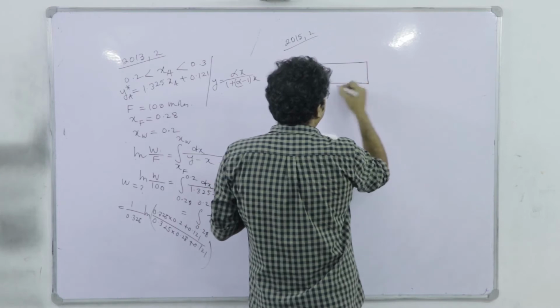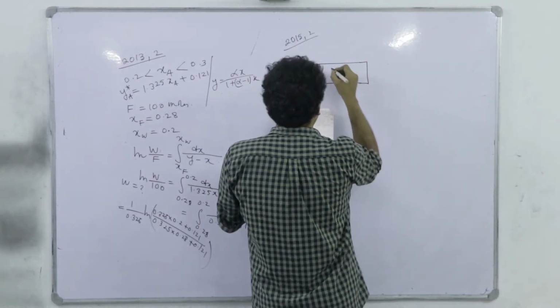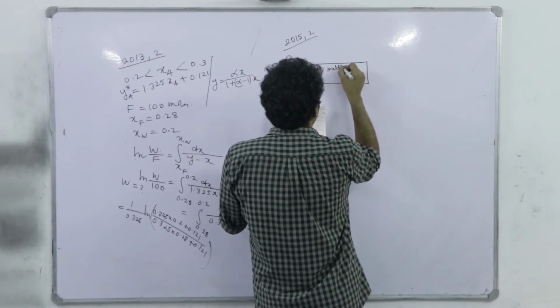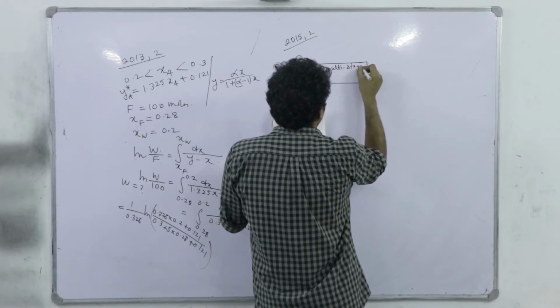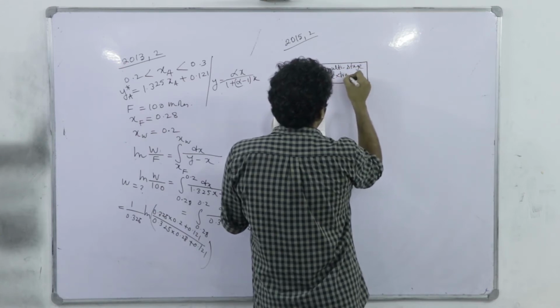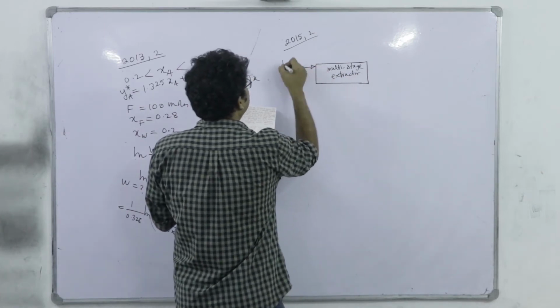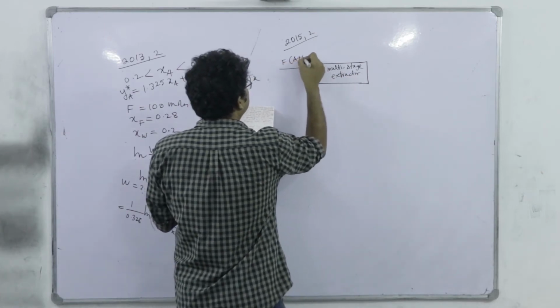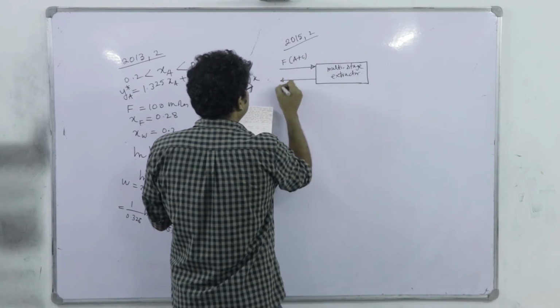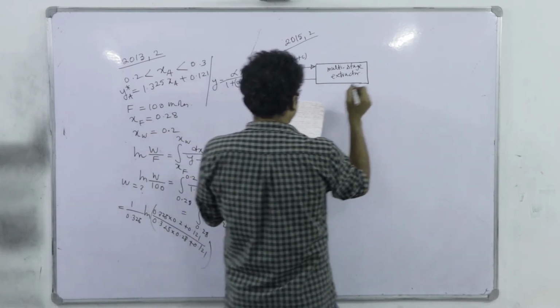So this is the multi-stage extractor. Here we are giving F, which is basically A plus C. We generate the extract.